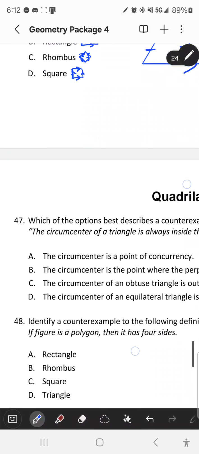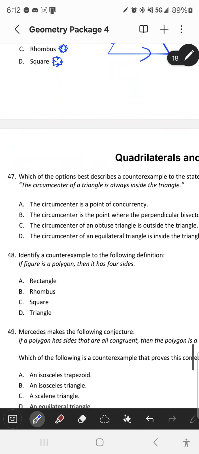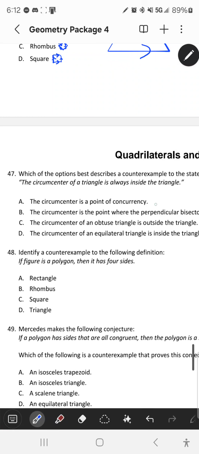Now, again, another counterexample. The circumcenter of a triangle is always inside the triangle. Okay, let's see. The circumcenter is the point of congruency. Okay, let's keep reading. I actually don't have any negative thought about that one, but neither a positive one.